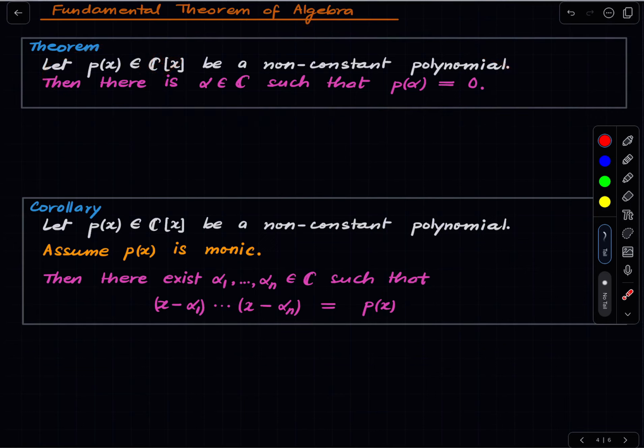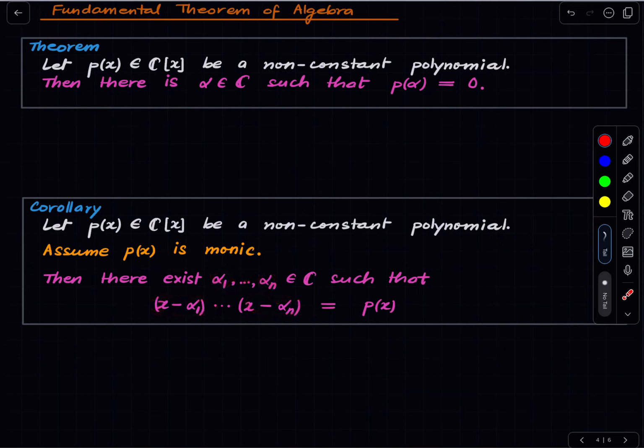All right, so this is something that we will need. And the consequence of the previous one is that if P(x) is a non-constant polynomial, and assume that it is monic, this is just for convenience, then you can find finitely many complex numbers alpha 1, up to alpha n, such that the product of the corresponding linear polynomials is equal to P(x).